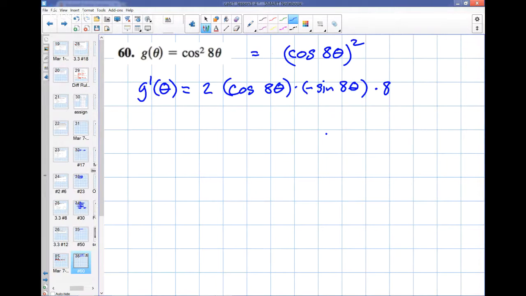And here's where you have to keep your antenna out for that chain rule. That chain rule is so important. And then, of course, you could bring this together and just say, we got a negative in there, so it'd be negative 16 cosine 8 theta sine 8 theta.